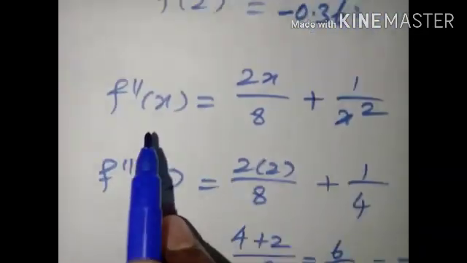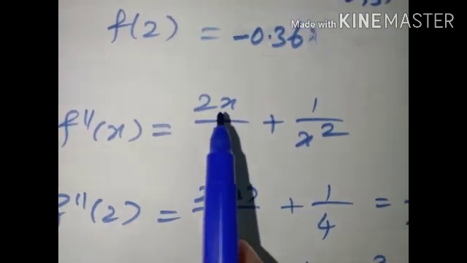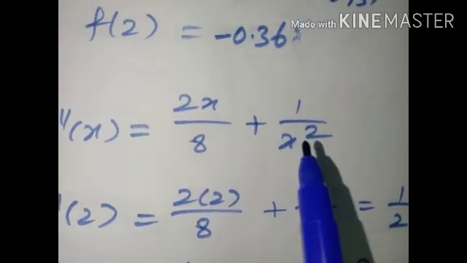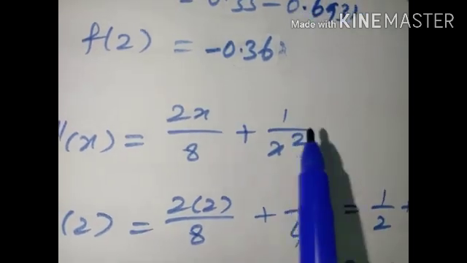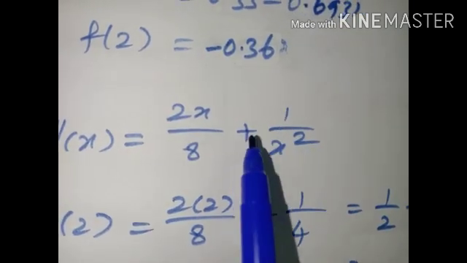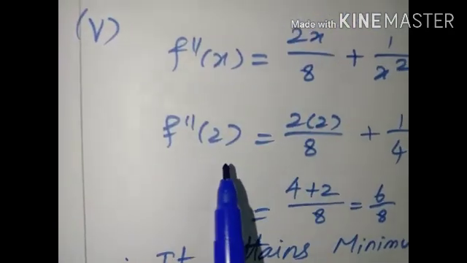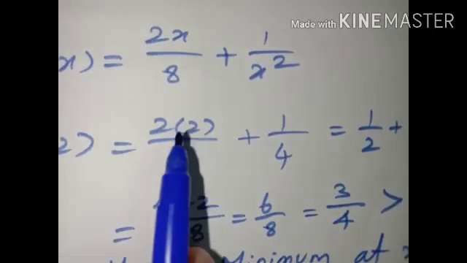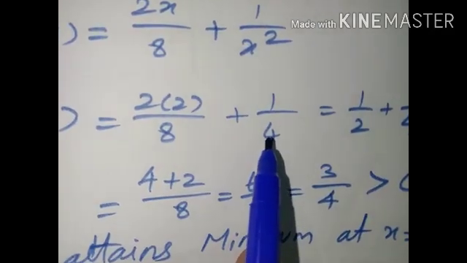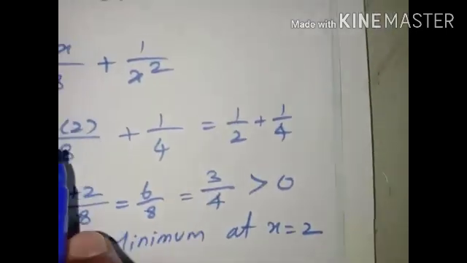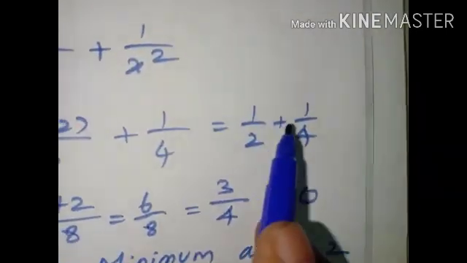Now f''(x): differentiating f'(x), 2x divided by 8 minus 1 by x gives 2 divided by 8 minus... the derivative of minus 1 divided by x is minus 1 divided by x squared, so minus into minus gives plus 1 divided by x squared. Then f''(2) is 2 into 2 divided by 8 plus 1 divided by 2 squared, which is 4. So 4 divided by 8 is 1 by 2, plus 1 by 4.